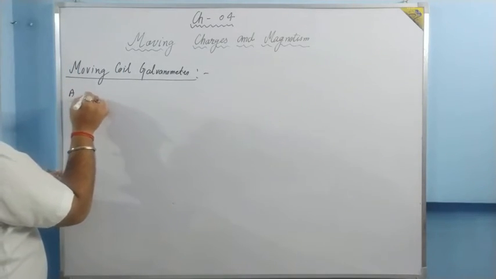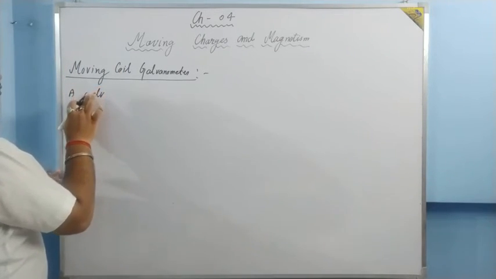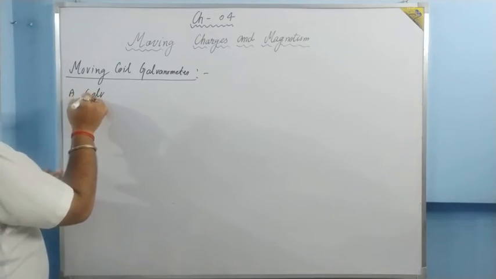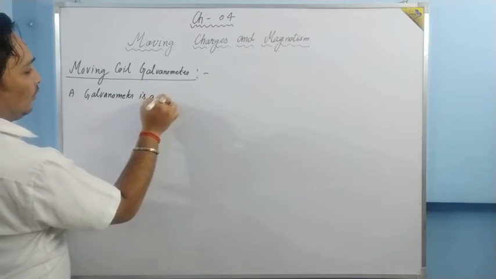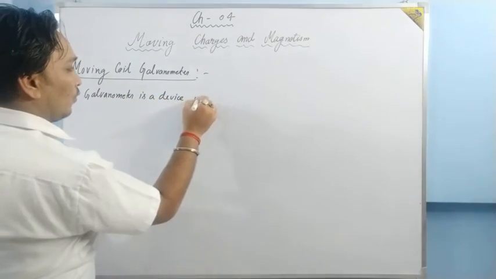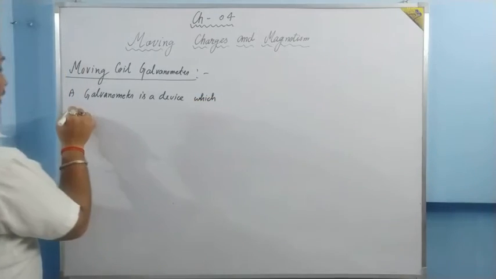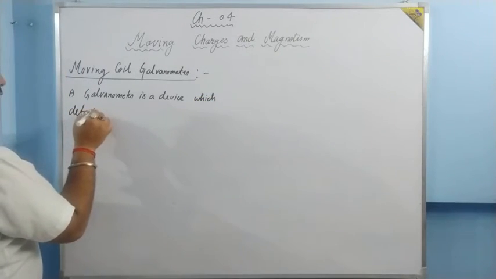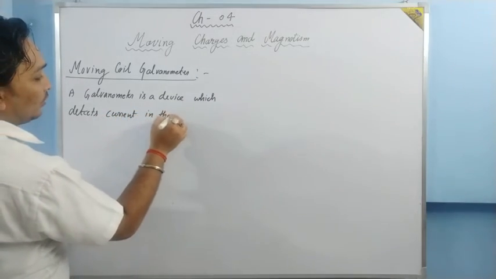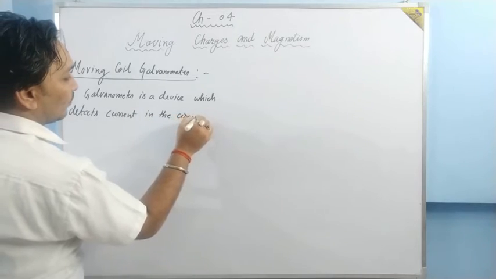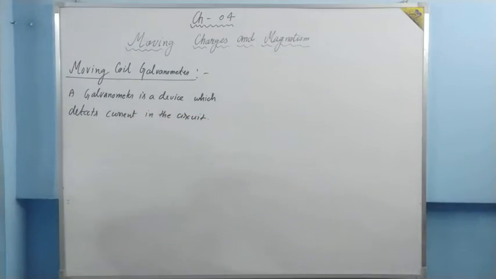A galvanometer is a device which detects current in the circuit. By a galvanometer we can know whether the current is flowing in the circuit or not.